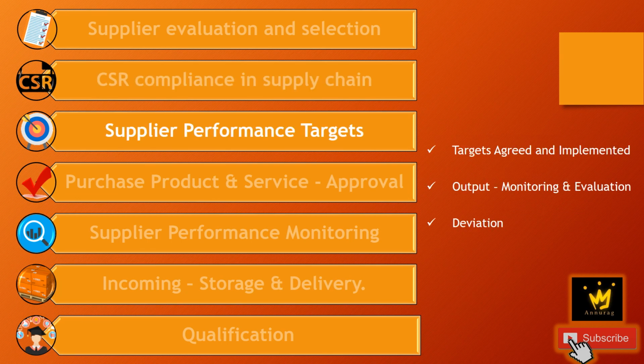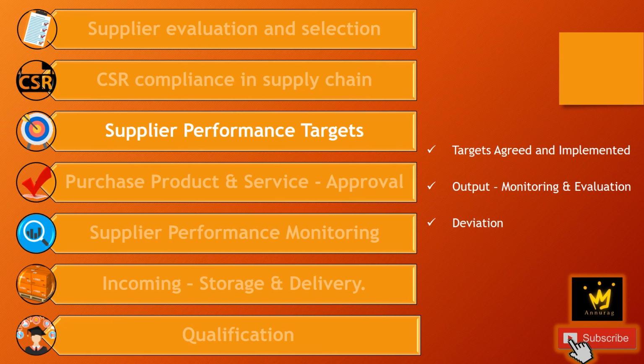The third question covers the area of supplier performance targets. And the standard asks you to check, have the target agreements for supplier performance been agreed upon and implemented? You need to check that the targets have been flowed through across the supply chain for product and process. The targets can be related to PPM, delivery, reduction in rejection, quality agreements, cost of poor quality, and so on.